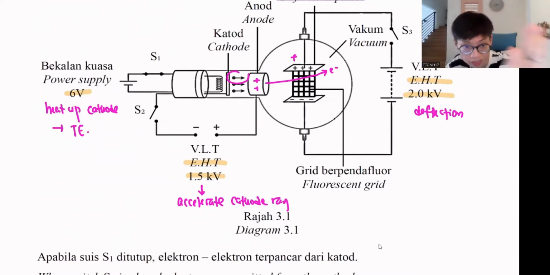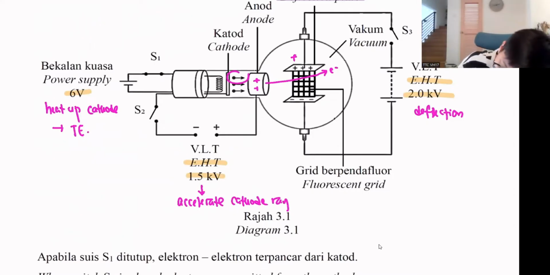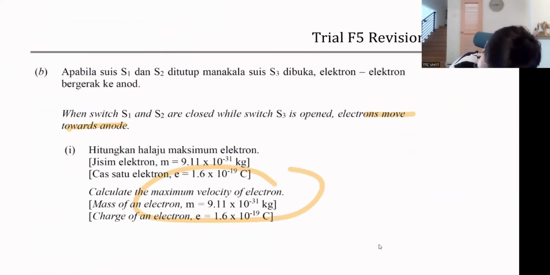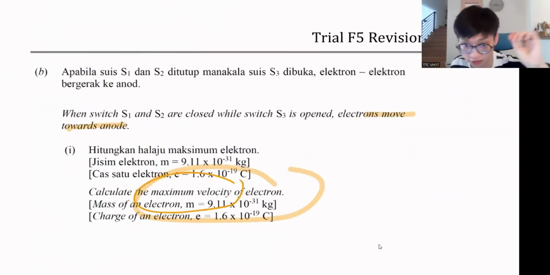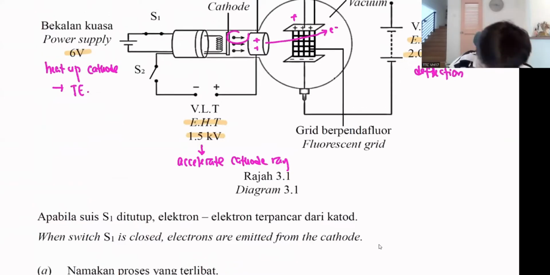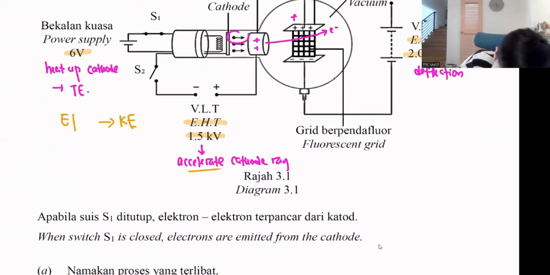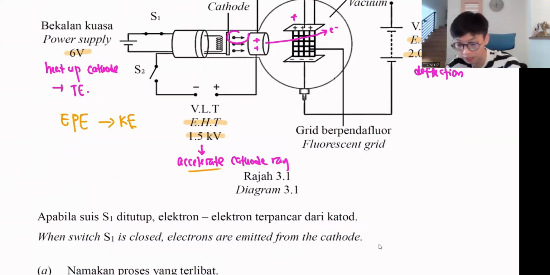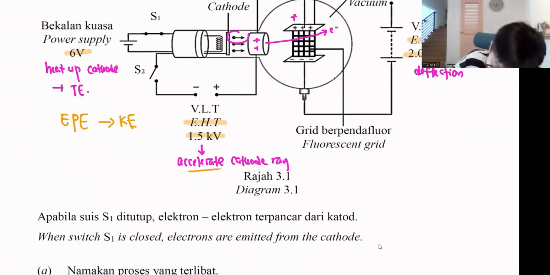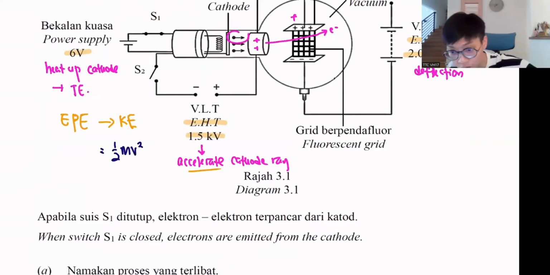I prefer to know what the energy change is. When finding maximum velocity, the electron is accelerated, which means the electrical potential energy finally becomes kinetic energy, which is half mv squared.